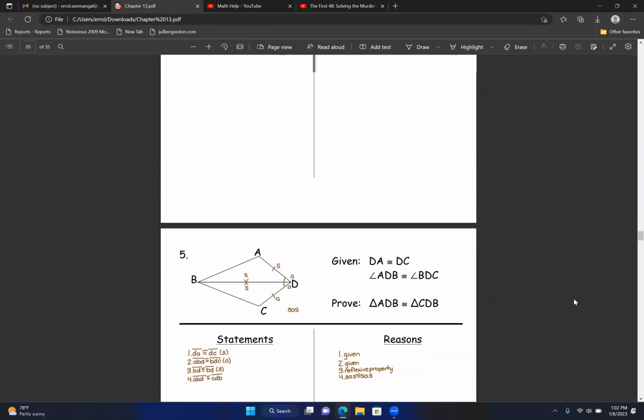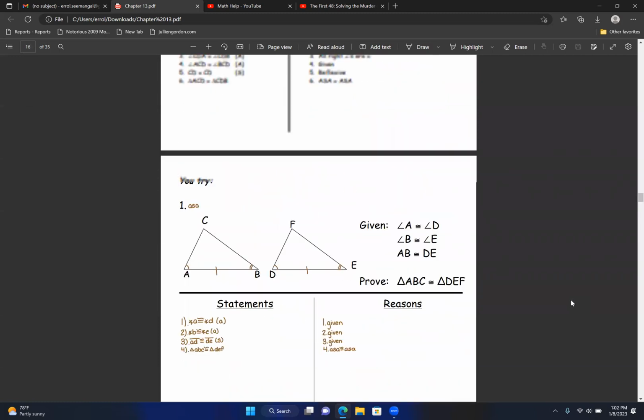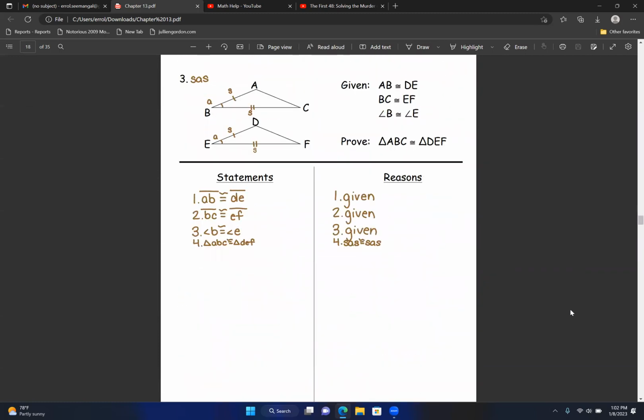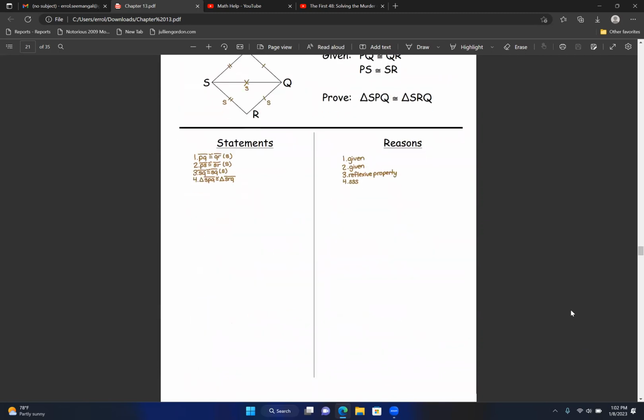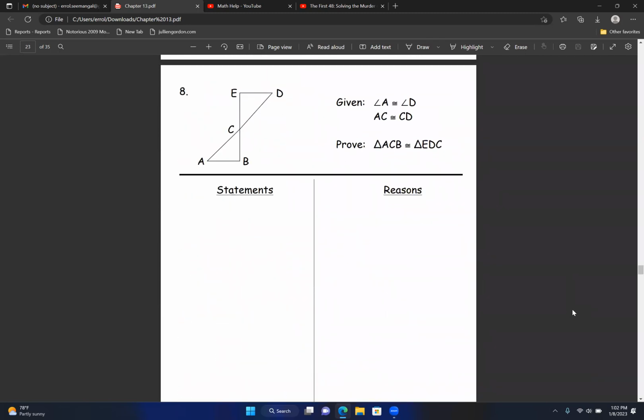Okay. We'll try some of these together right now. It looks like one is done, two, three, four, five, six, seven, eight. Okay, let's try eight. When we're done here, just take a picture of this or write this down as we go.